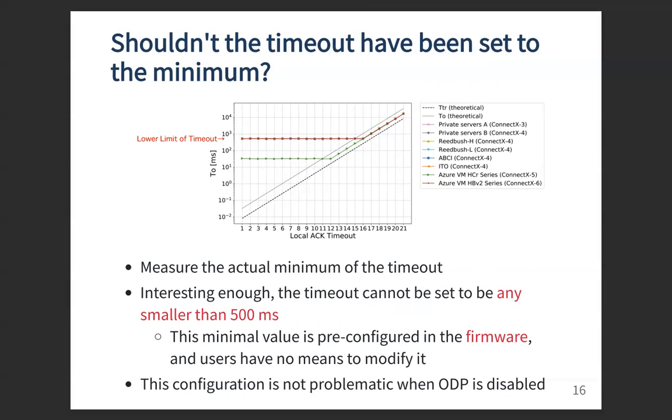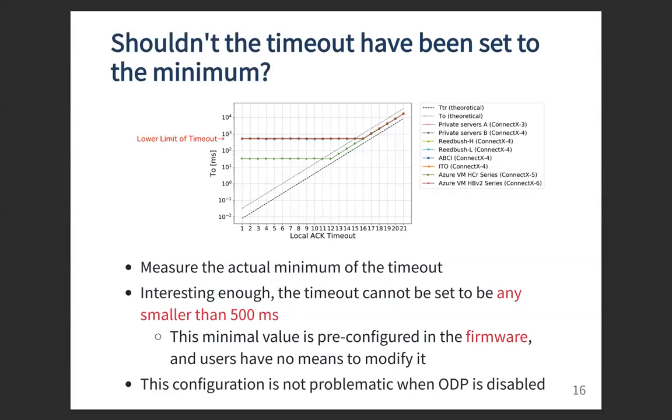To investigate it more deeply, we measured the actual minimum of the timeout. The x-axis shows a parameter that users can set, and the y-axis shows the actual value of the timeout. Interestingly, the red line shows that the timeout cannot be set to be any smaller than 500 milliseconds.